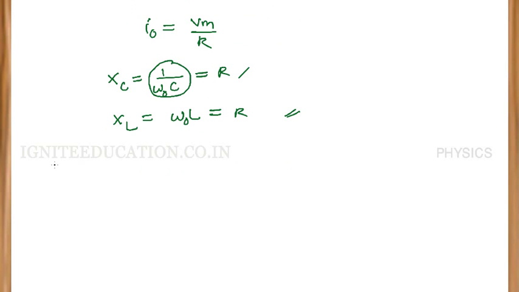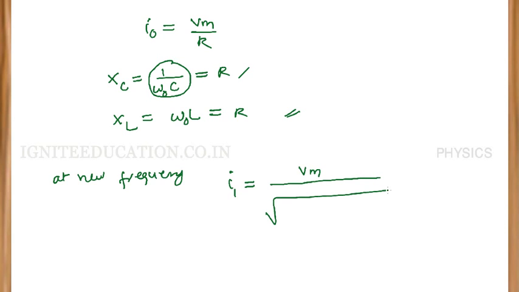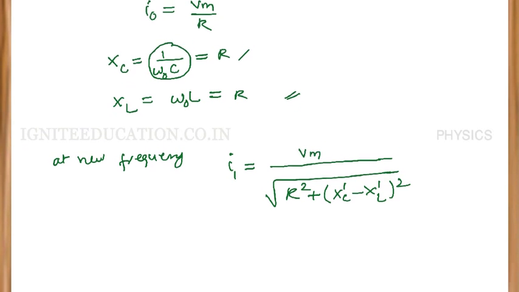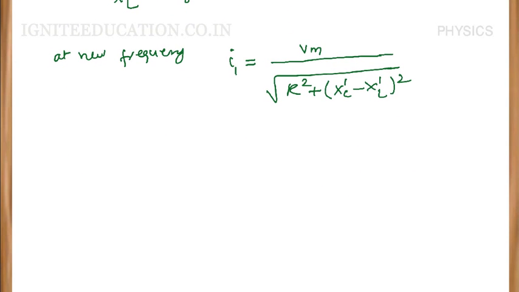At the new frequency, assume that the current is I1. I1 is equal to Vm. Why am I writing Vm? The voltage source is not going to change. Root of R square, resistance also not changing, plus XC dash minus XL dash whole square. So this is the expression for the current at the new condition.